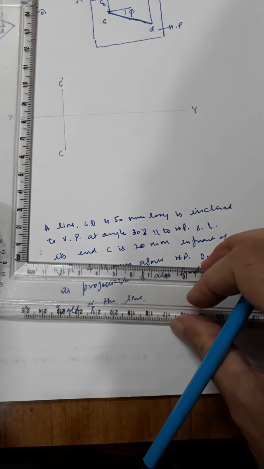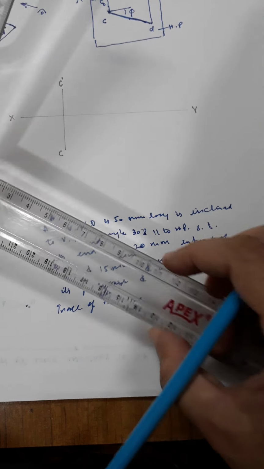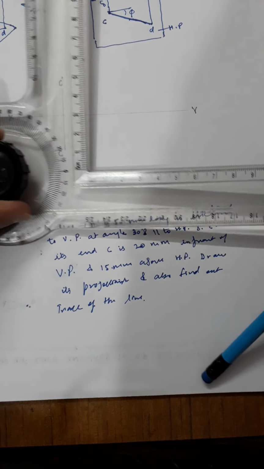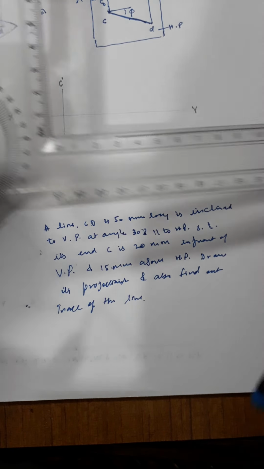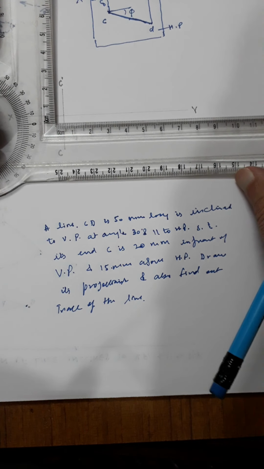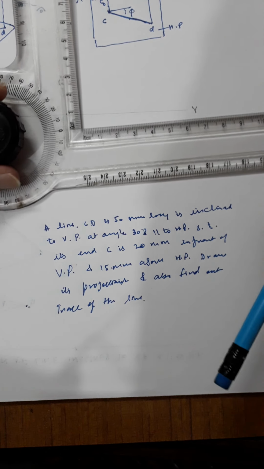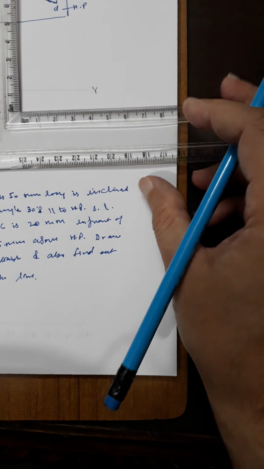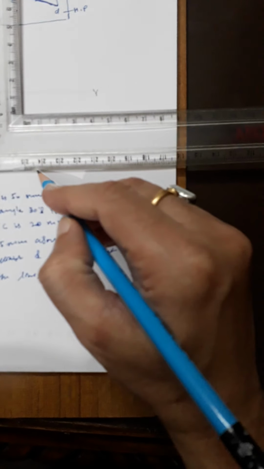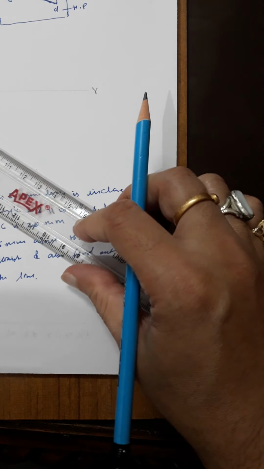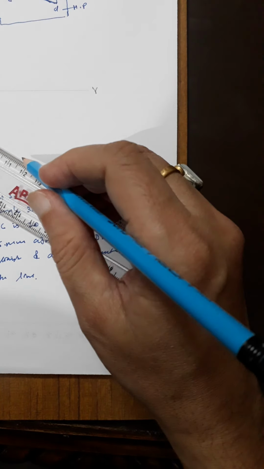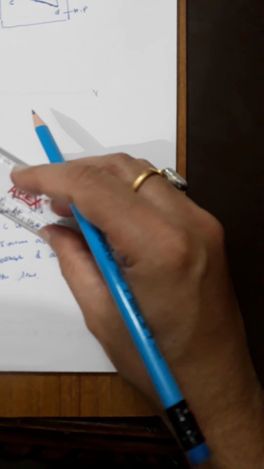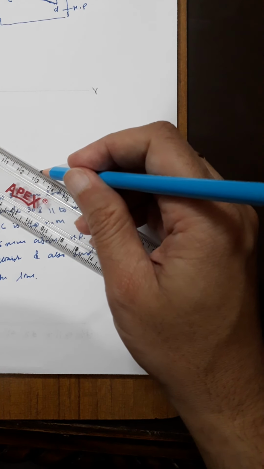Now the angle given is 30 degrees. I am again taking this angle from the horizontal line. I am using this protector, but you can use your own, the simple protector is no problem. It is 30 degrees from here and the length is 50 mm.